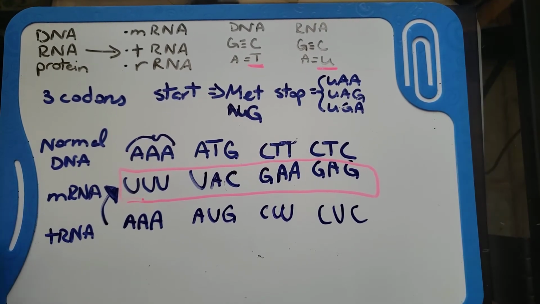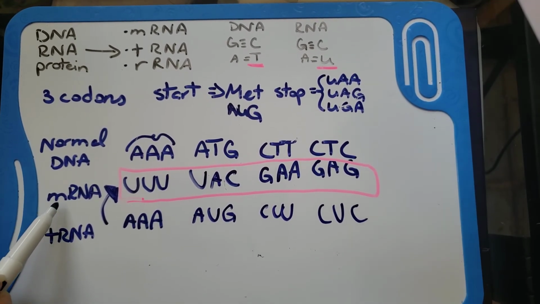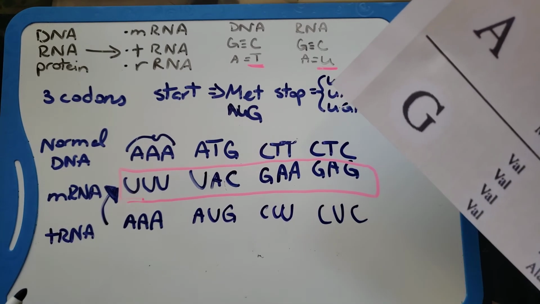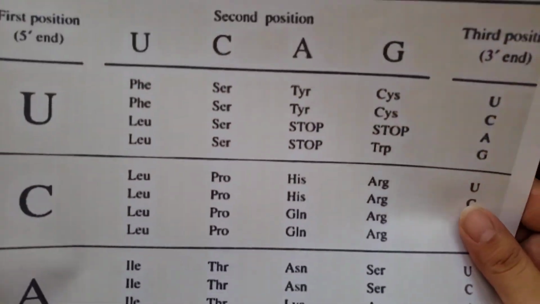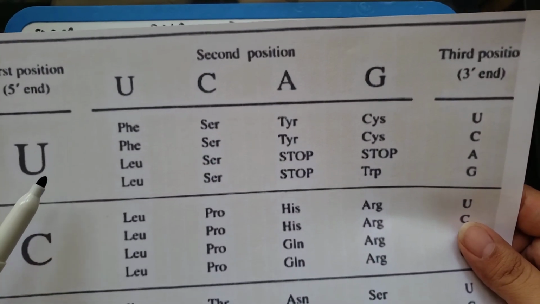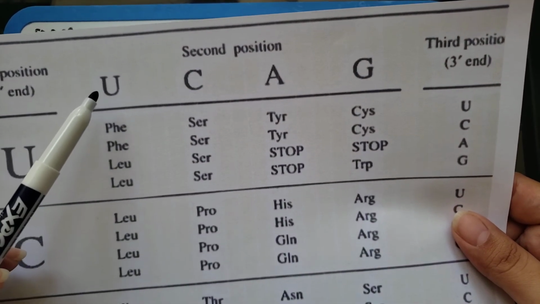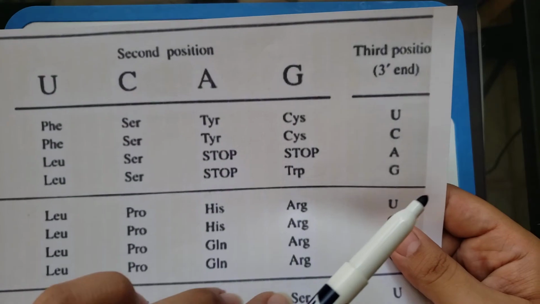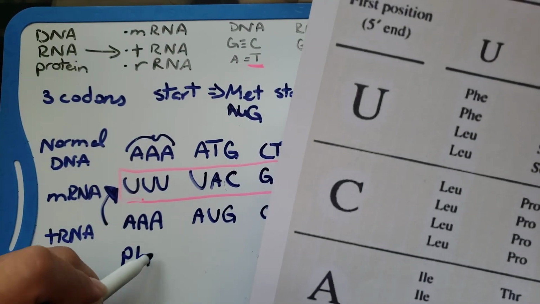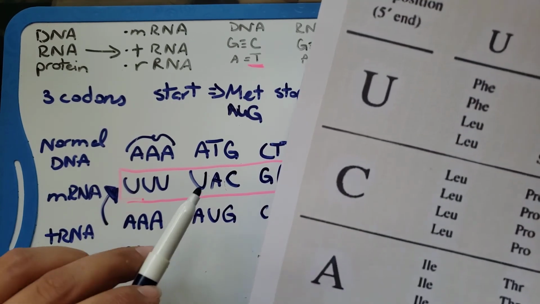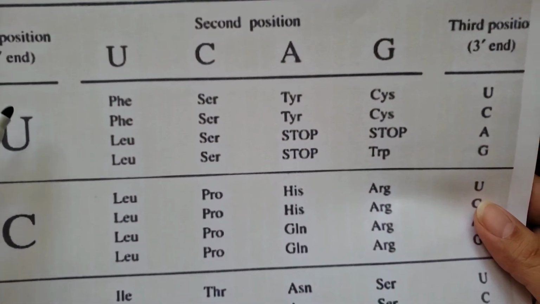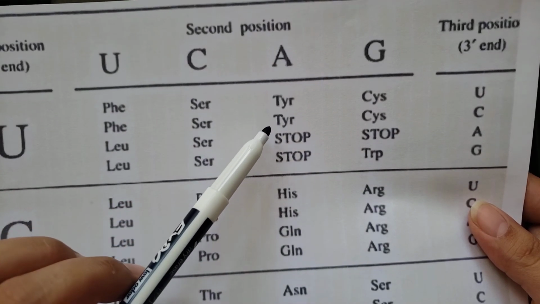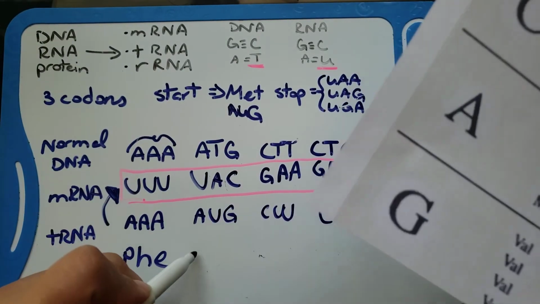Okay. So when we're reading the messenger RNA, the first one is U, U, U. If we look at this, we have a U, we have another U up here, and then we look at the U from right across. It is a Phe, so it will be P-H-E. The next one is UAC. We have a U, we have an A, we have a C, it's called Tyr.